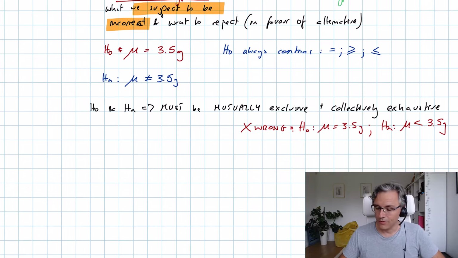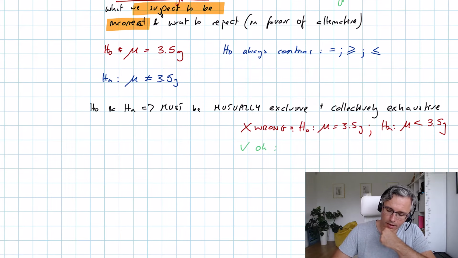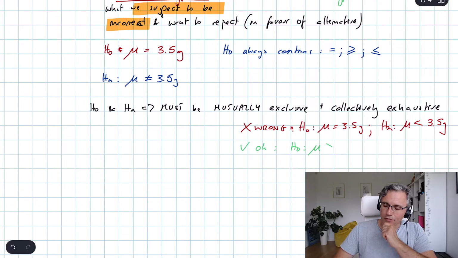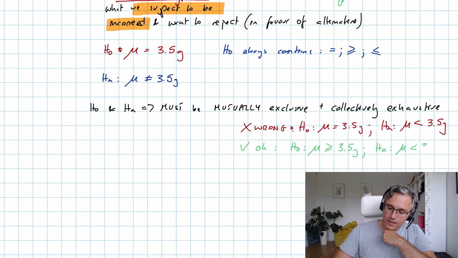Well, that's not collectively exhaustive, because you haven't got what's to the right of 3.5 grams, but it would be okay if you had H0 expressed as mu greater than or equal to 3.5 grams, and the alternative hypothesis being mu is less than 3.5 grams.